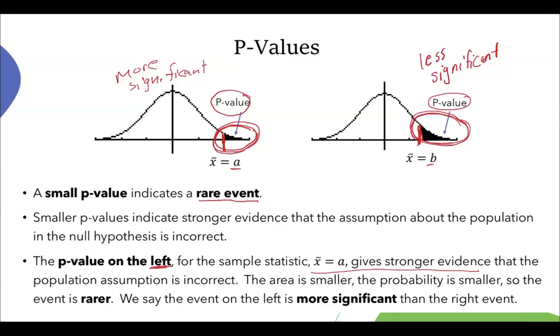You're going to choose the one that's more significant. And the reason why, if you look at the area, the smaller area on this left example, means that this x bar is further to the right than this x bar.